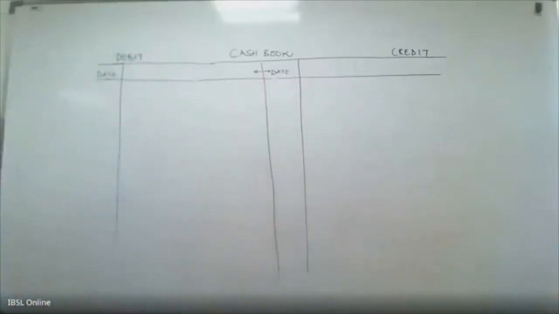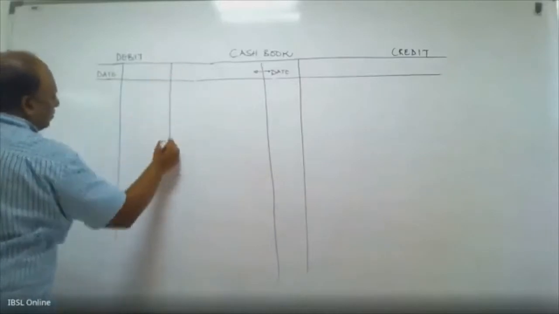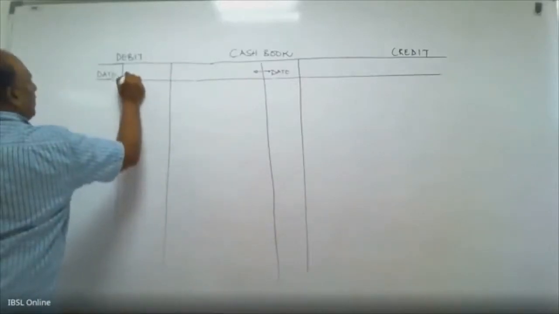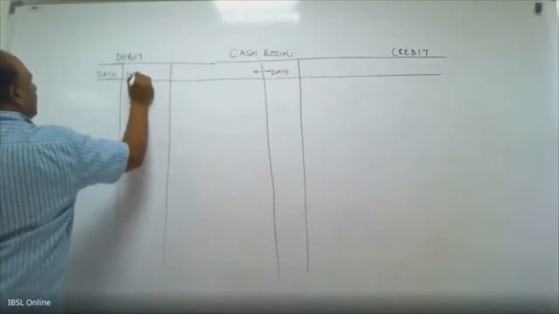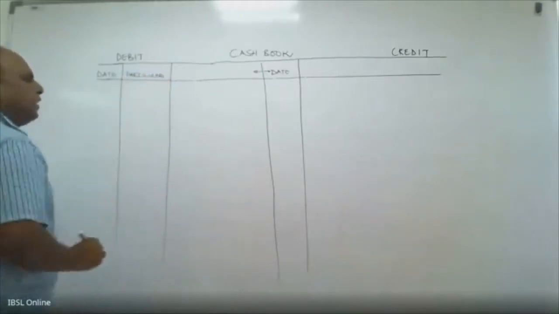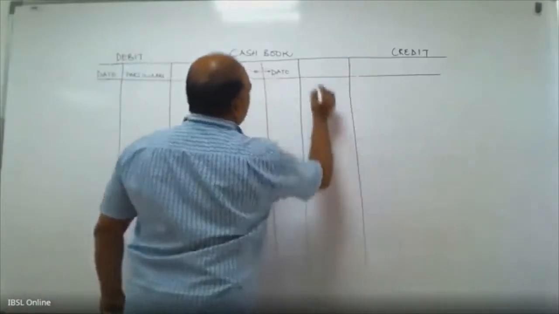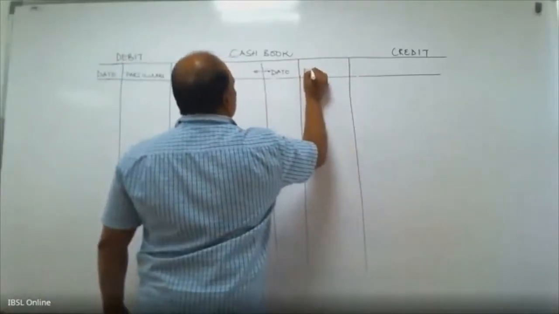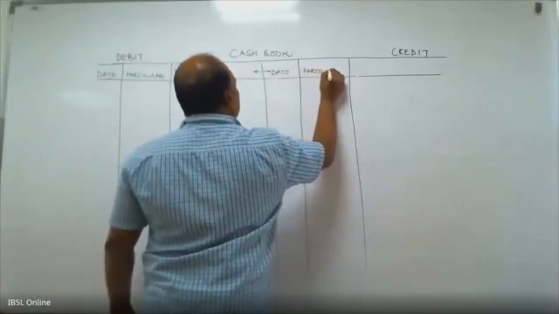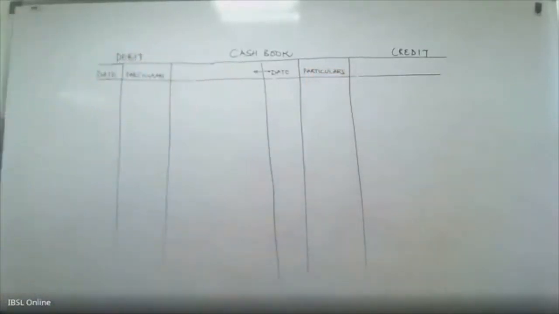When you have all debits, you have a date, and credits also you will have to put a date. Then you will have a column which shows the particulars or the description. What kind of a transaction is this?